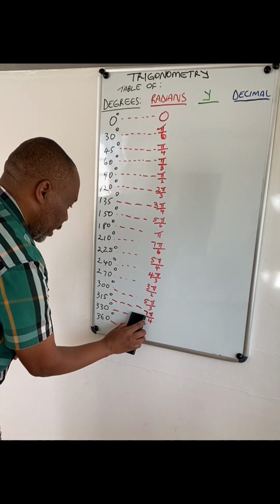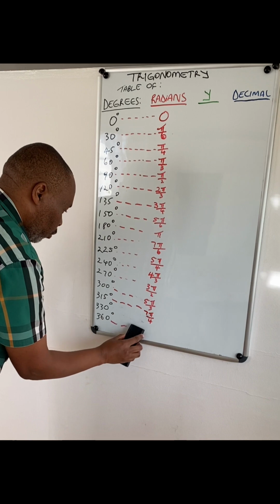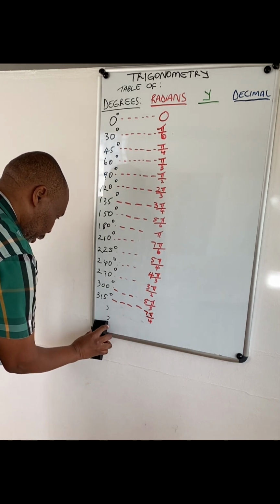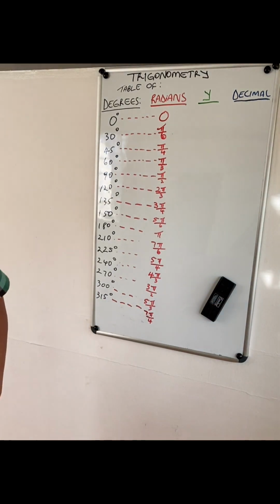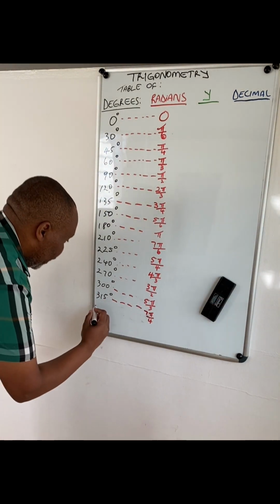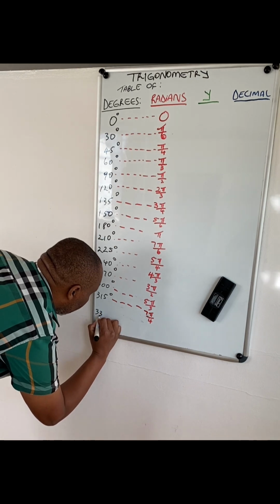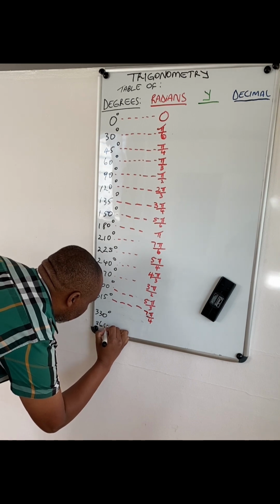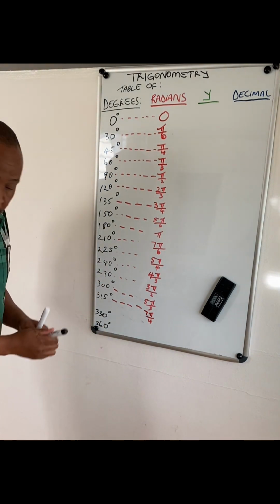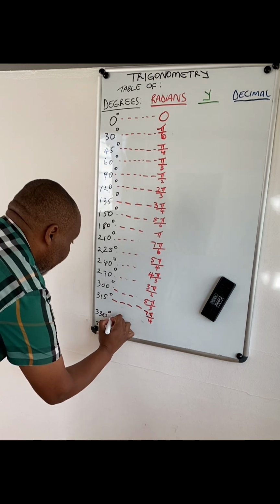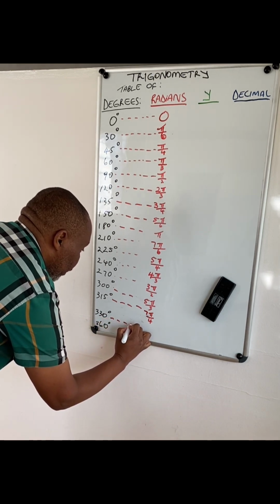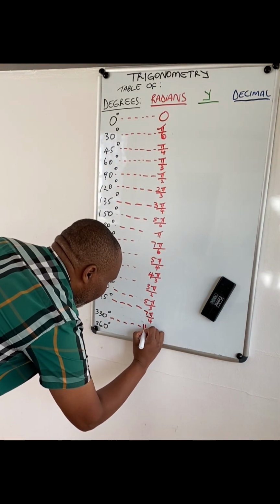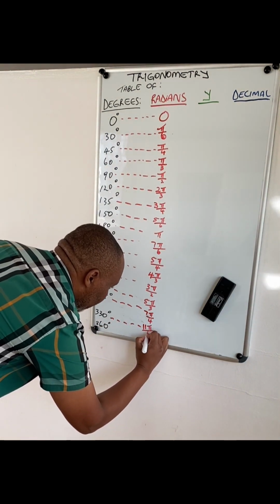Because of space, guys, please allow me to take both these, 330 degrees and 360 degrees, a little lower. Here at 330 degrees, we will have 11 pi over 6.